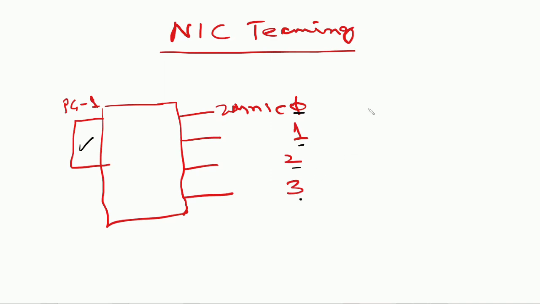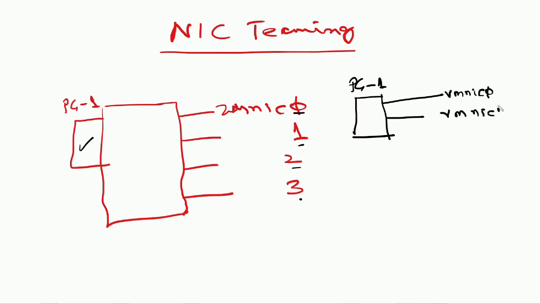So one option you could have, and I'm drawing a logical diagram here, is that PG1 is actually going to use vmnic 0, and it's going to use vmnic 1. Now, a couple of possibilities exist there as well, and they go like this. So for this port group, in that virtual switch, you have said that it will use vmnic 0 and 1, and now we need to determine what kind of NIC teaming we want.